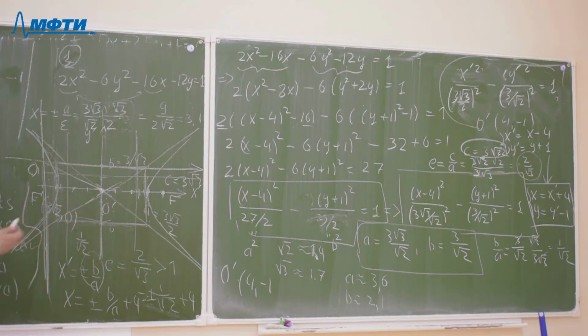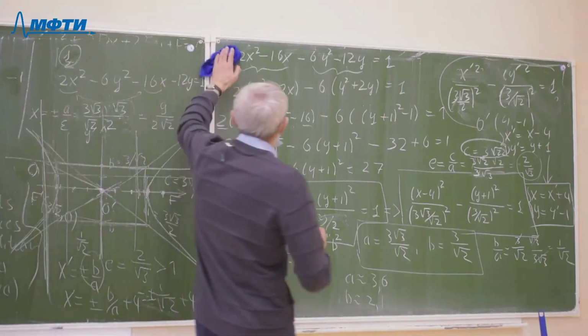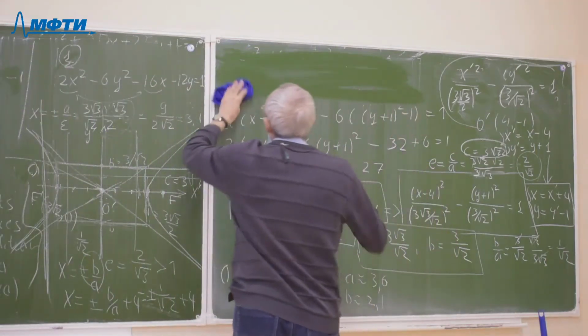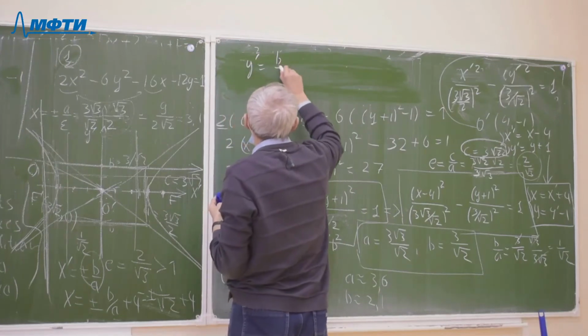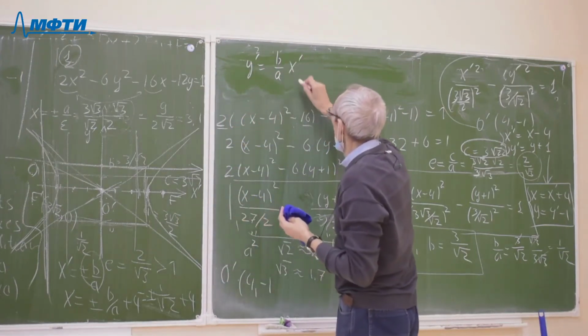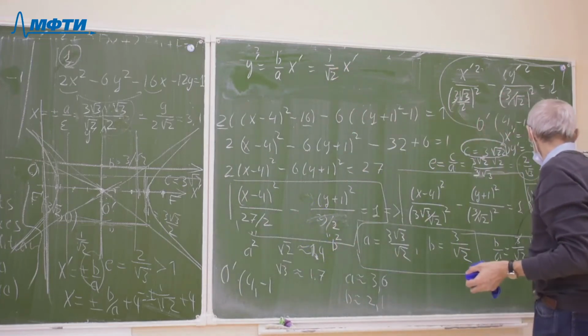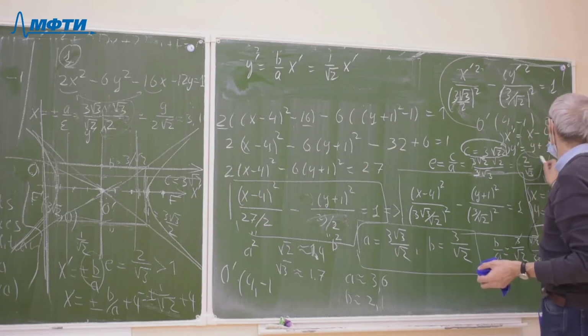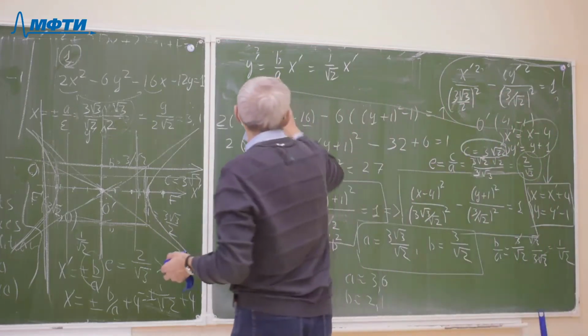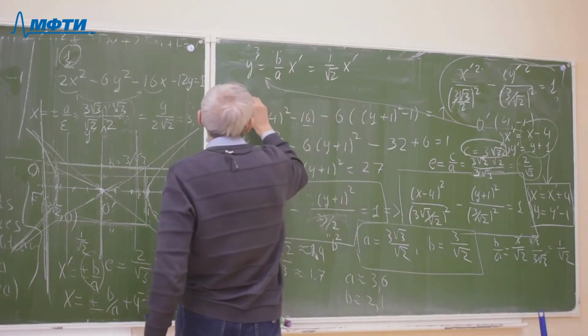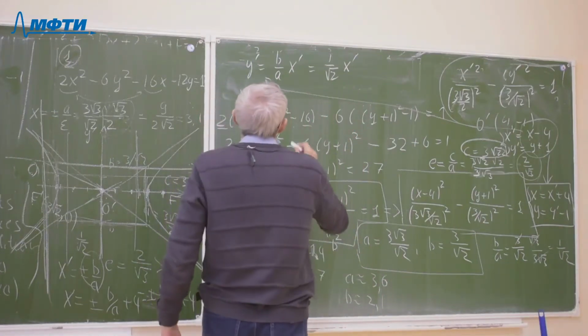The directrices in our case have the following form: y prime is equal to plus or minus the ratio b over a times x prime, and we substitute this formula.